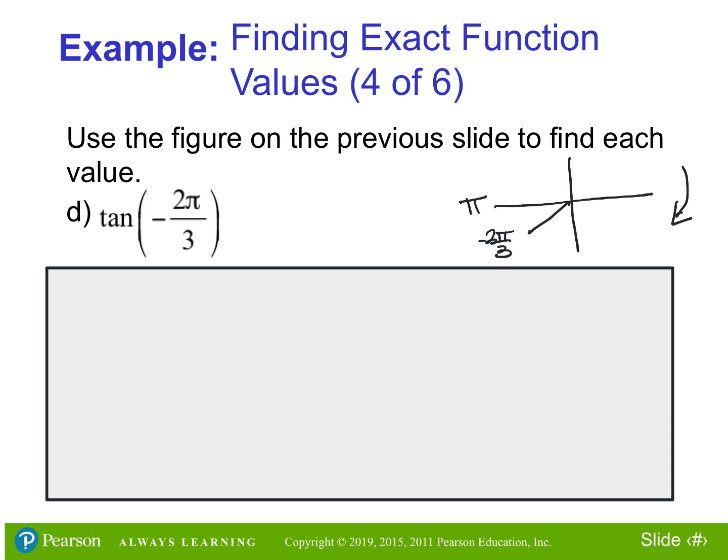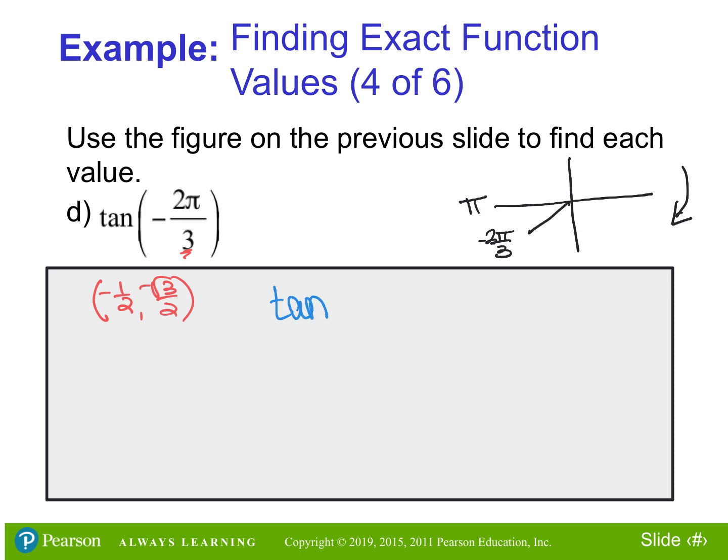Again, I'm dealing with the denominator of 3, so that tells me that my coordinate point is going to be 1/2 and the square root of 3 over 2. Third quadrant tells me both of those are negative. And again, I'm dealing with a tangent.